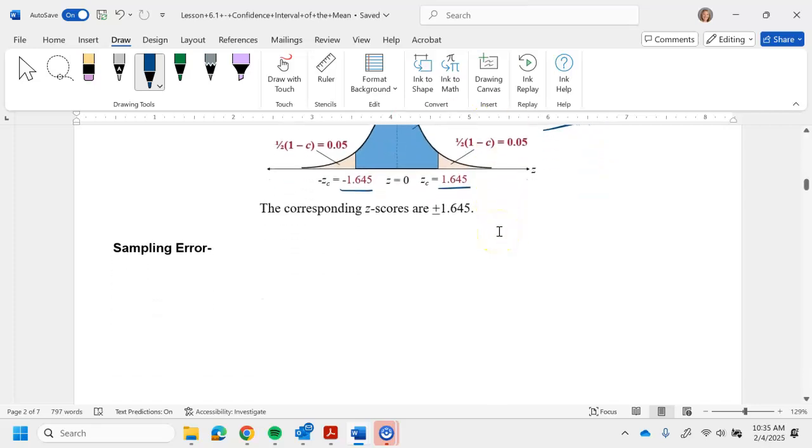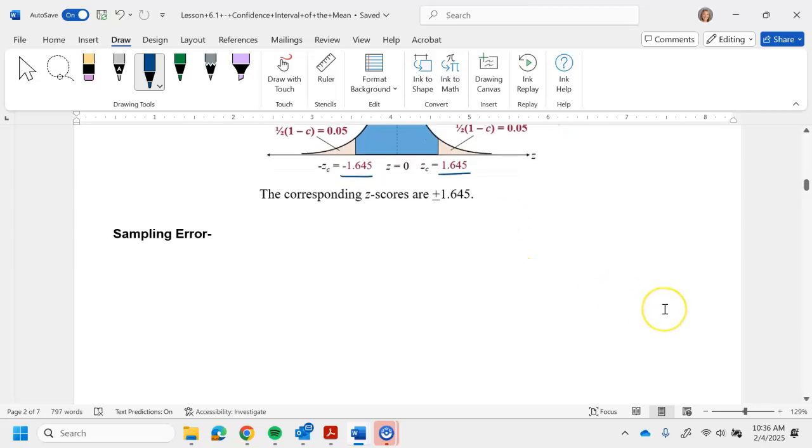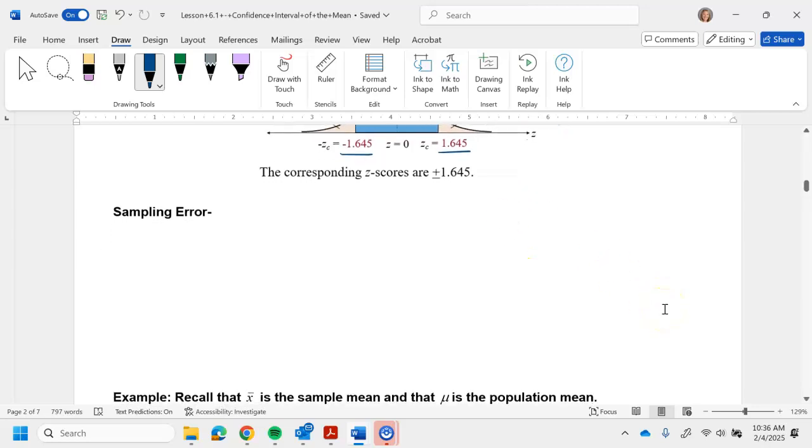So what is sampling error? Your sampling error is really the error that you're going to get anytime you take a sample. No sample is perfect. But in terms of the formula, E for error is you have this z-score here. That's your critical value, and that's what you're getting based on how confident you want to be. You're multiplying that by your standard deviation divided by the square root of your sample size.